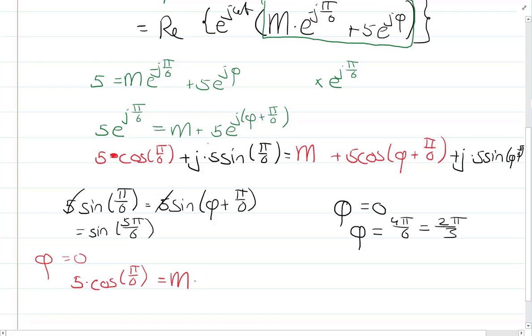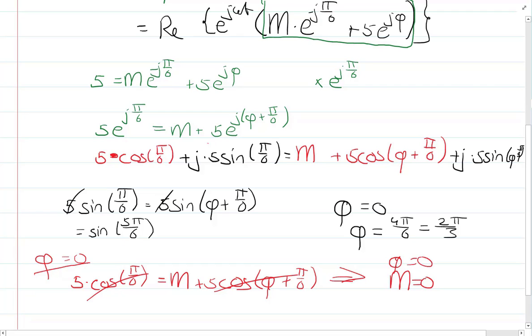In the case of phi is 0, we'll simply get the cosine of pi over 6, so those two will cancel out. And what we're left with is the simple equation of m is equal to 0. So for the case phi is equal to 0, m should also be equal to 0. So this is our first solution.